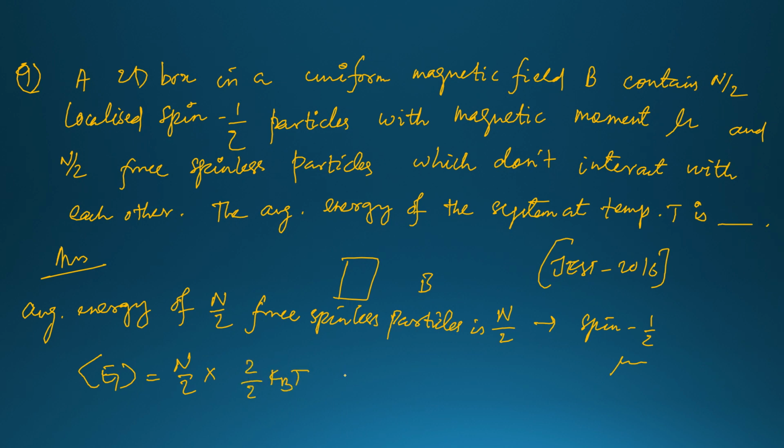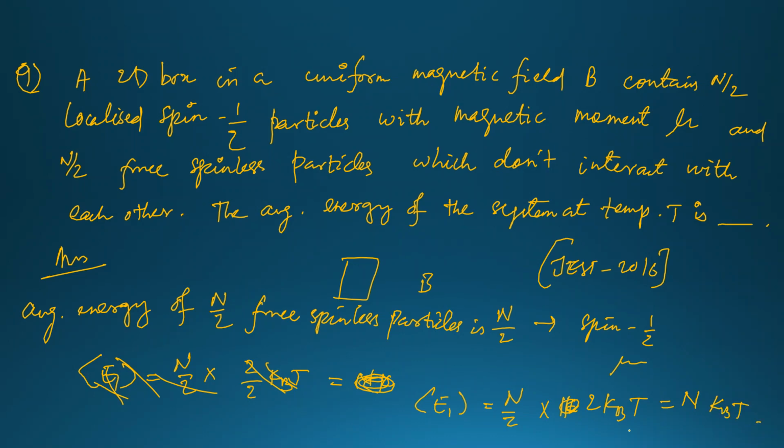Because it's a two-dimensional box. No, this should be your E1: n by 2 particles into kBT into two dimension, 2 kBT, that will be n kBT. Okay.